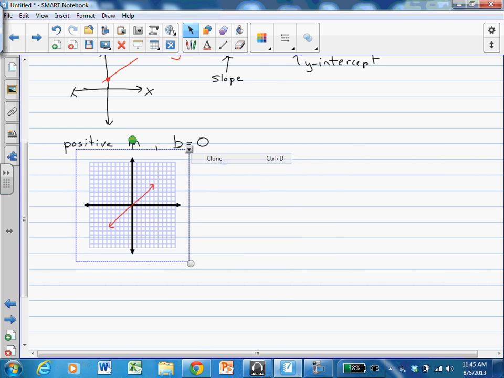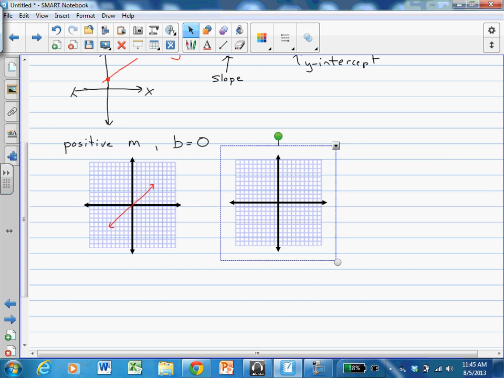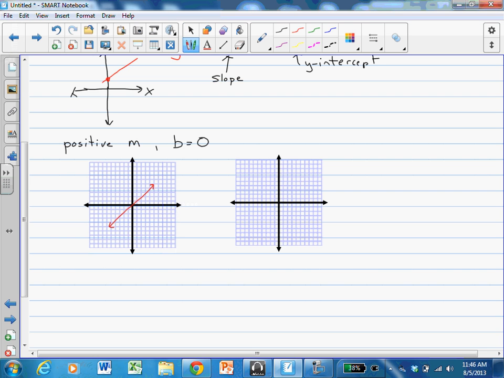How about positive m still, but b is positive? Try that. Good. Hopefully you drew something that looks similar to that, where the b crosses the y-axis in the positive area.